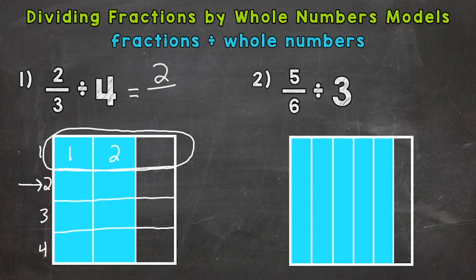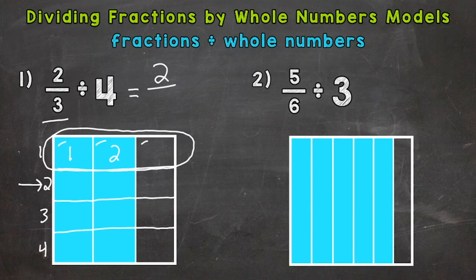Now our denominator, here's the most common mistake, is saying we have 1, 2, 3 pieces, so we put a 3 for the denominator. Well, 2/3 is just going to give us our original fraction. That doesn't make sense for an answer to 2/3 divided by 4. So we need to count all of the pieces within that square, and that's the denominator. So you can do one of two things.